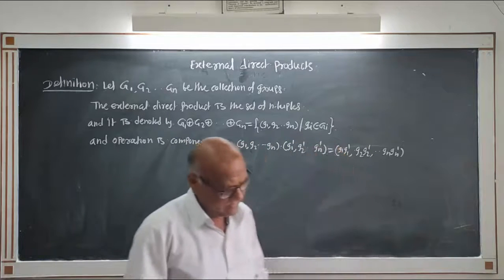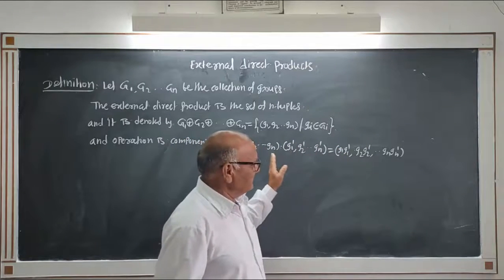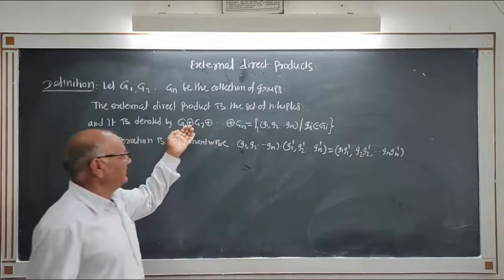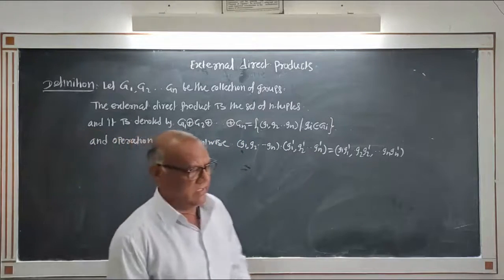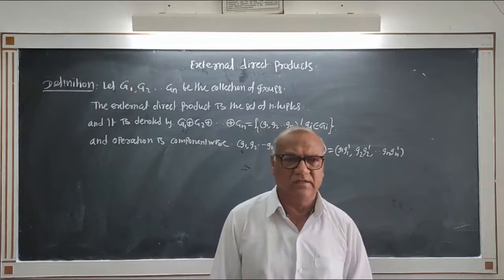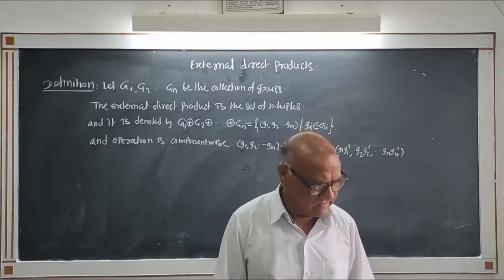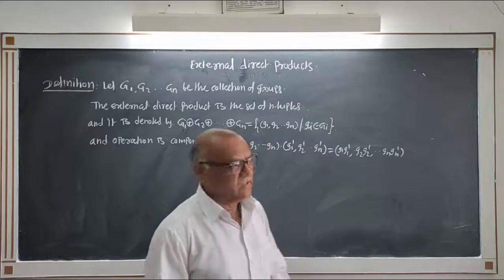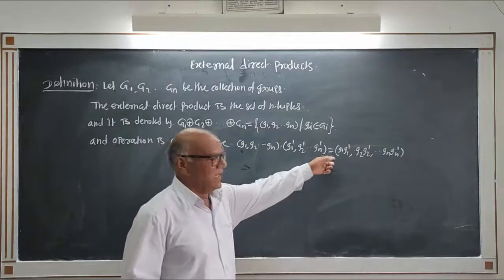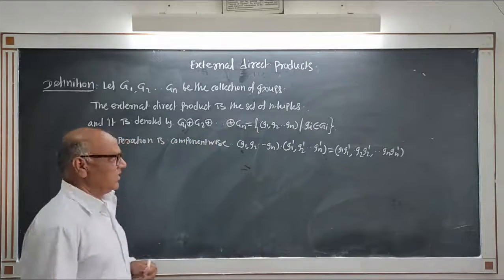And this G1 ⊕ G2 ⊕ G3 ⊕ ... ⊕ Gn is a group under this operation.